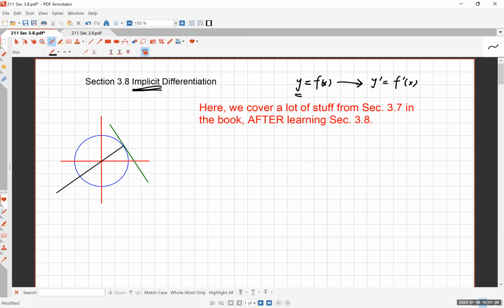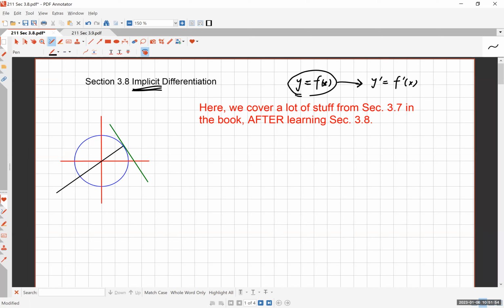For the first time now, we are going to differentiate an equation that is not written in terms of y. Now why do we have to do that? Well, because sometimes some relations, some equations cannot be expressed as y equals something. And this, by the way, is going to give us a lot of information about derivatives of functions that we have not seen yet.